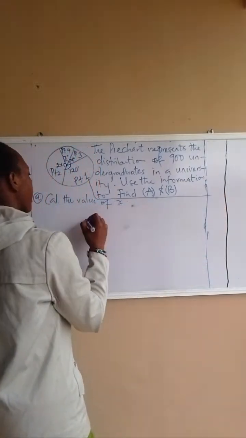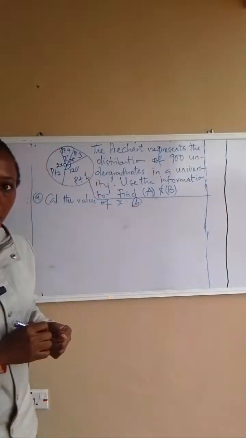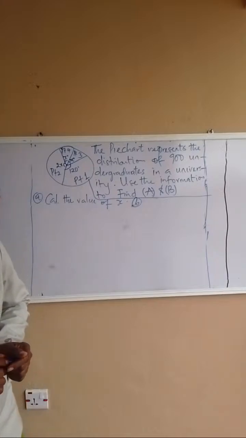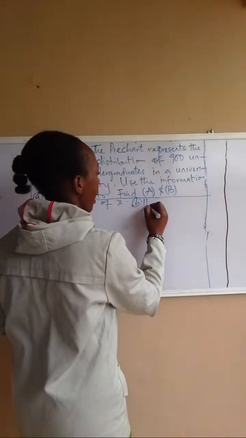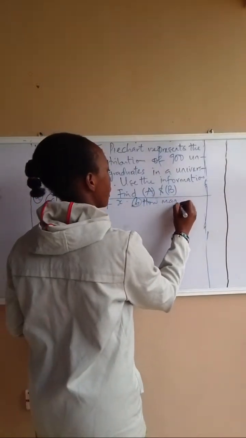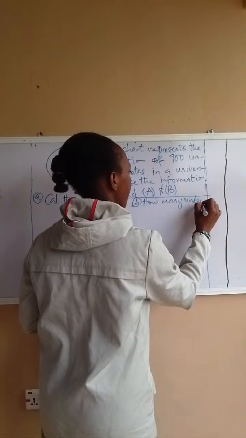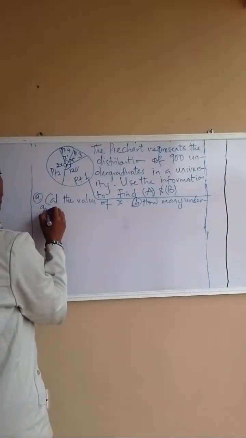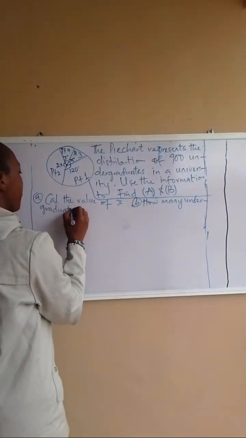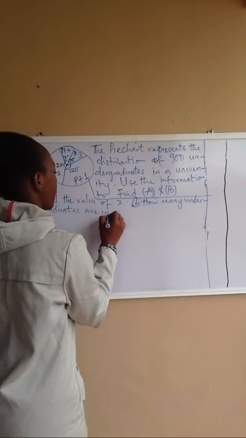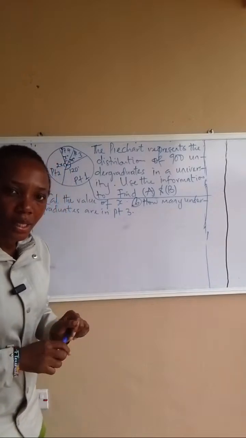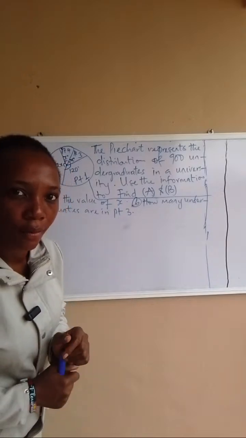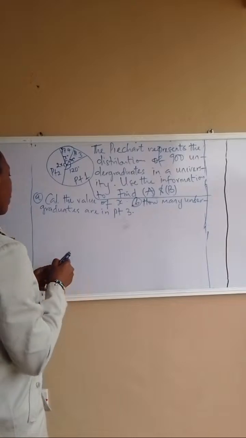B says, how many undergraduates are in part 3? So this is the question we have to solve now. So, solution.